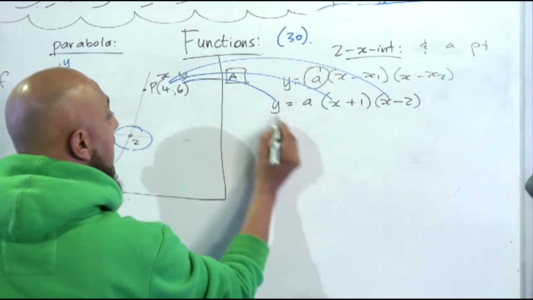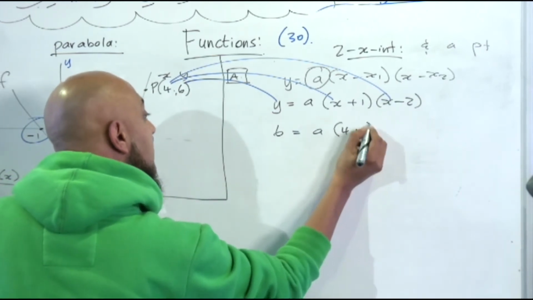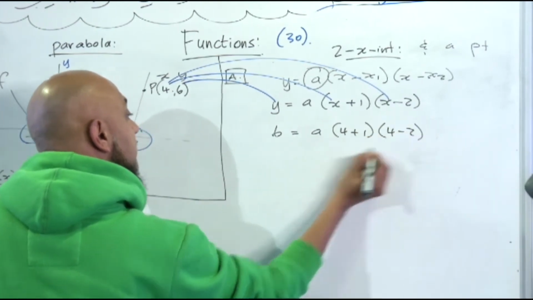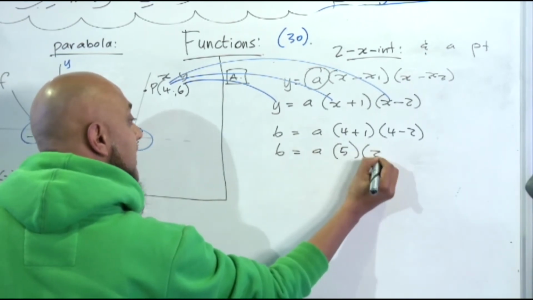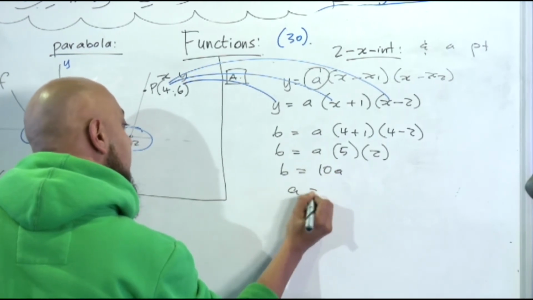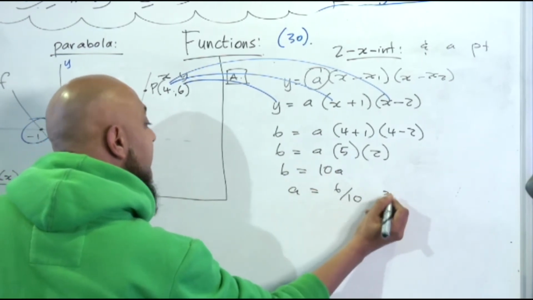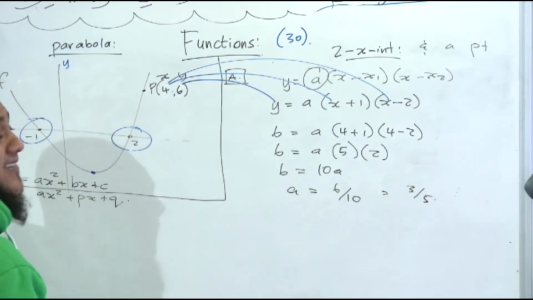We now start with y. 6 is equal to a into x, 4 plus 1 into 4 minus 2. So 6 is equal to a into 4 plus 1 is 5, 4 minus 2 is 2. 6 is equal to 10a. a is equal to 6 over 10, which is equal to, 2 goes into there 3 times, 2 goes into there 5 times. We got a is now 3 over 5.